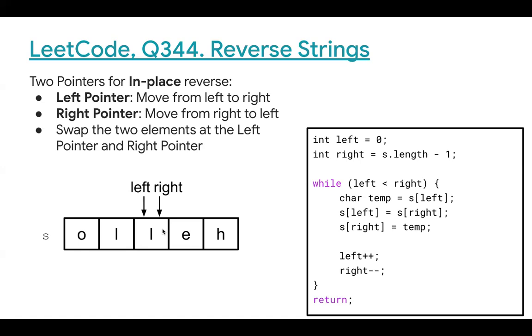So while left is smaller than right, we will repeat and swap elements. And when left is equal to right, we could stop. And at the end we return. So this is the solution for question number 345. A very simple one.